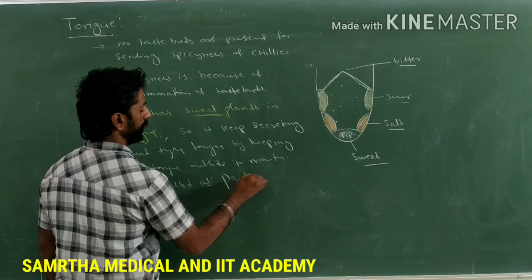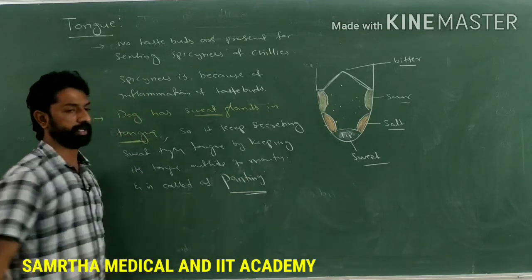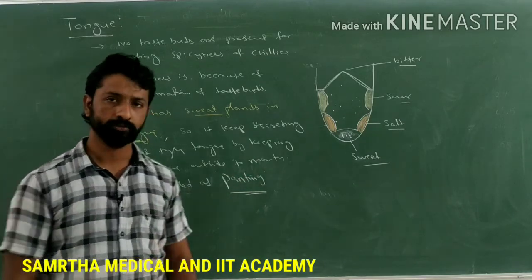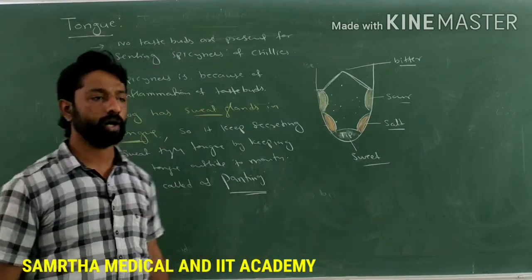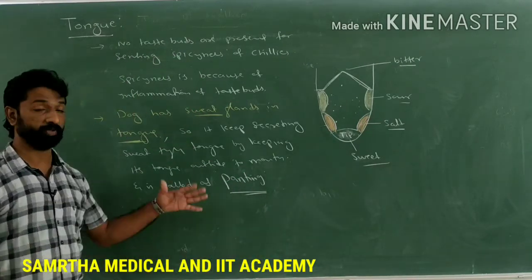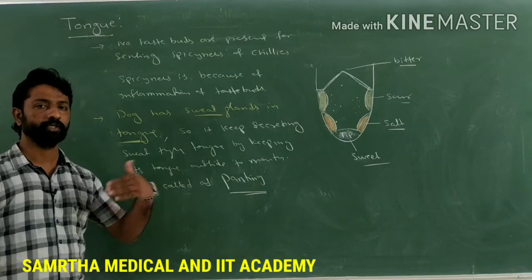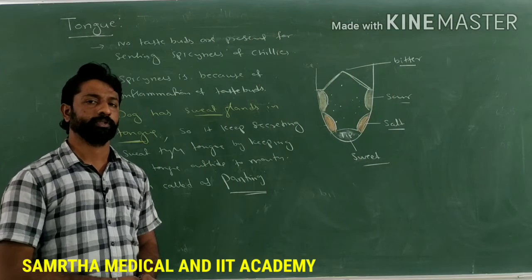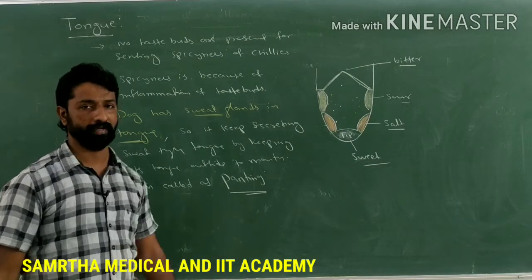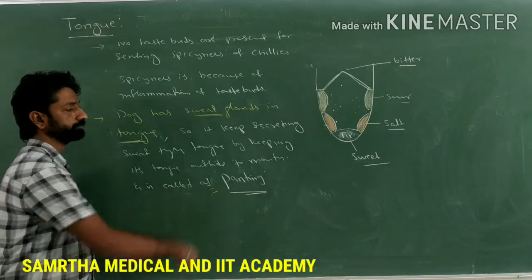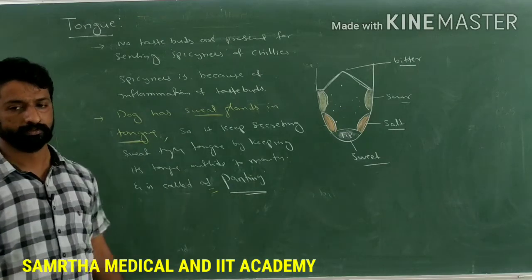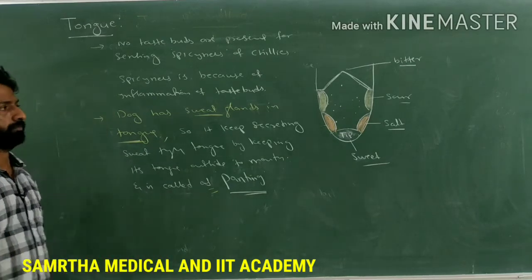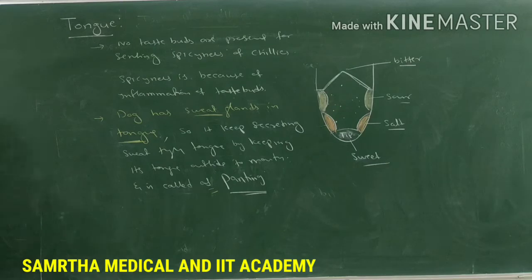So what do we mean by panting? The dog, as it has sweat glands in the tongue, keeps its tongue outside the mouth in order to excrete sweat through the tongue. Only that process is called panting. Any doubt in this? So this is regarding the tongue. Is that clear? Okay.